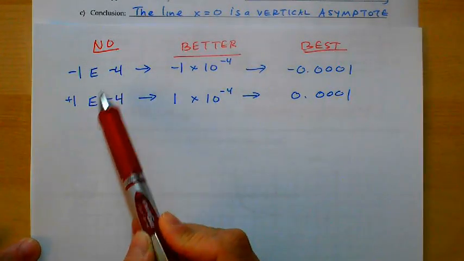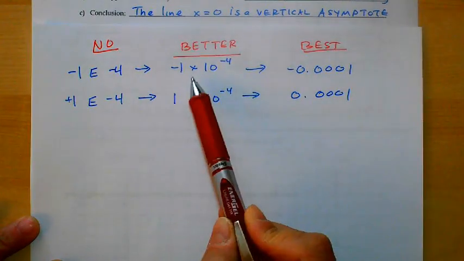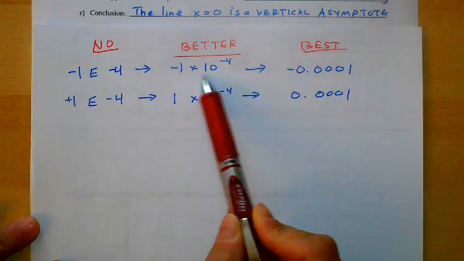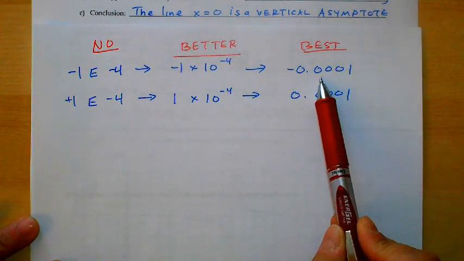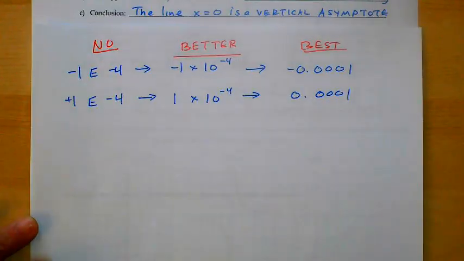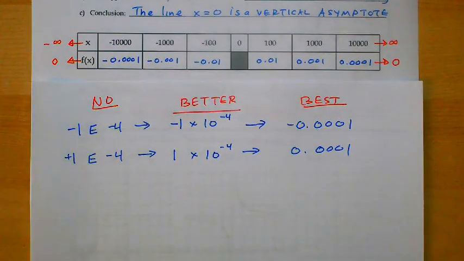That is not going to be sufficiently describing the value. A better way to say that would be to write it with scientific notation. The best way to say it in terms of understanding what's really happening to the y values is to write it in decimal form. So that's what I'm showing down here in the table.